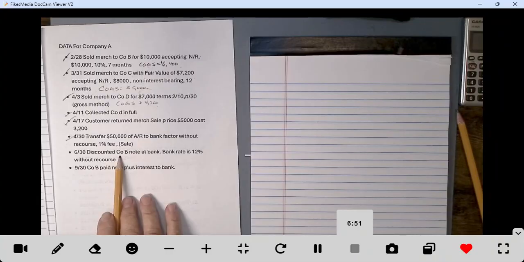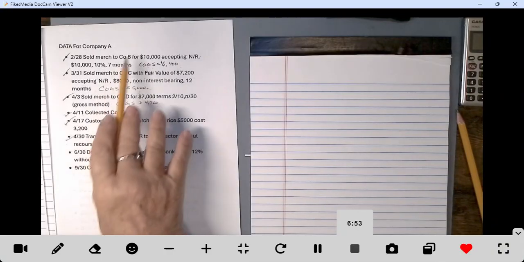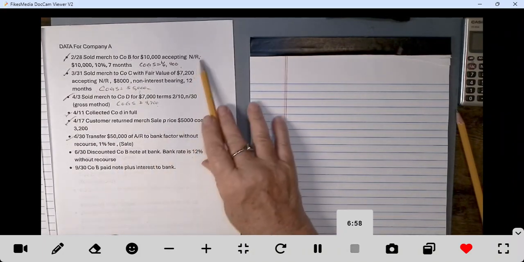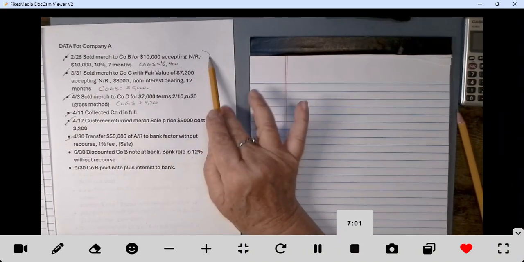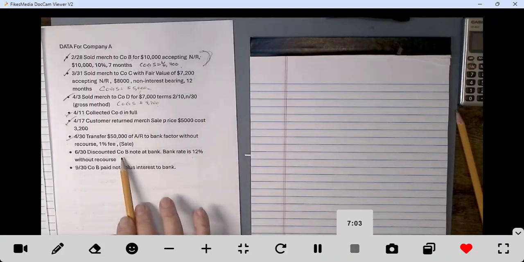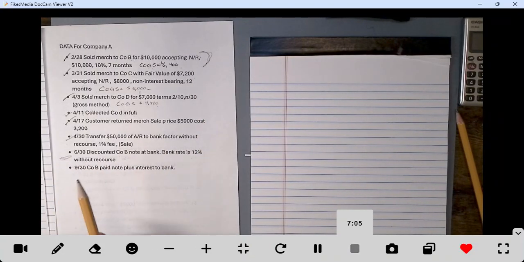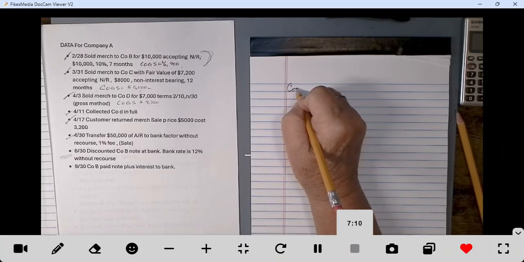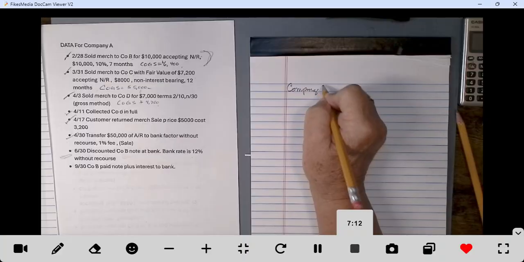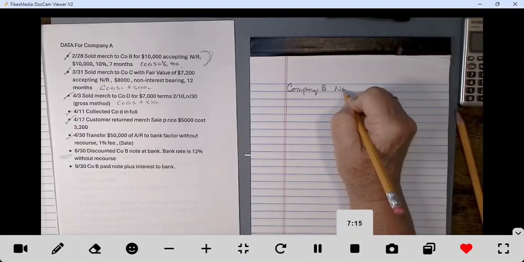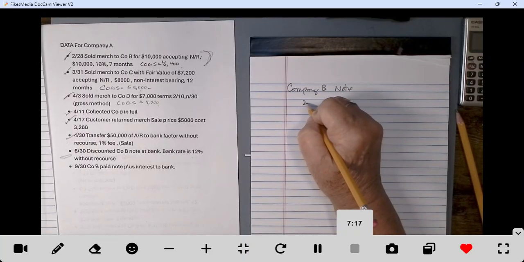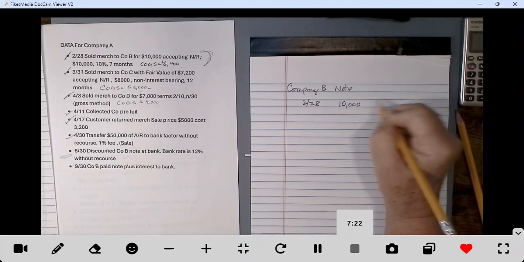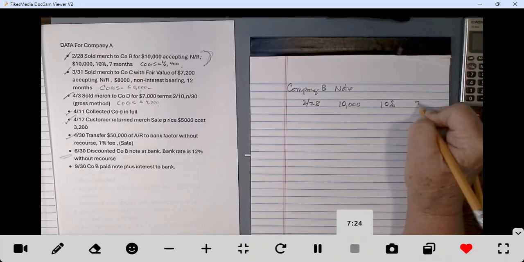On 6/30, they discounted Company B note at bank. The bank rate is 12% without recourse. So this particular note receivable was then discounted. Company B note was dated 2/28 for 10,000 at 10% for 7 months.